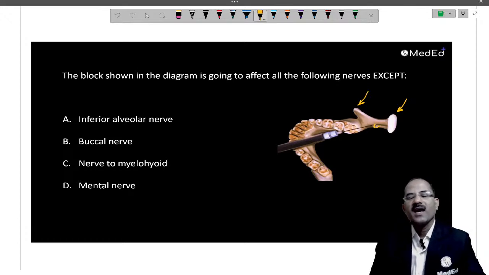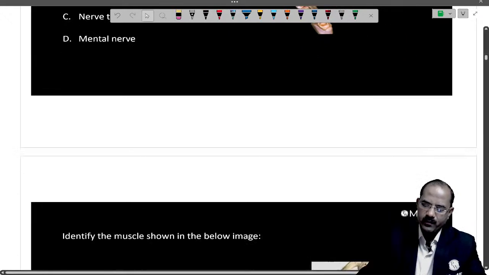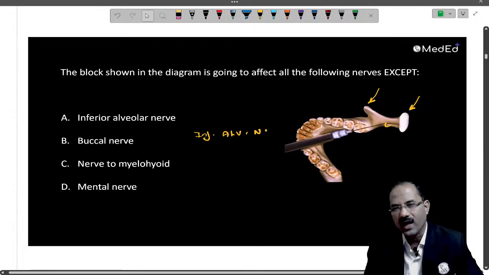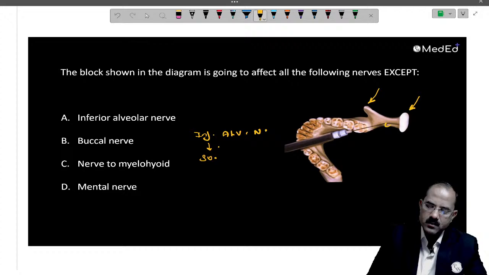Mandibular foramen. And what enters into this mandibular foramen is the inferior alveolar nerve. This inferior alveolar nerve supplies the lower jaw and the teeth.